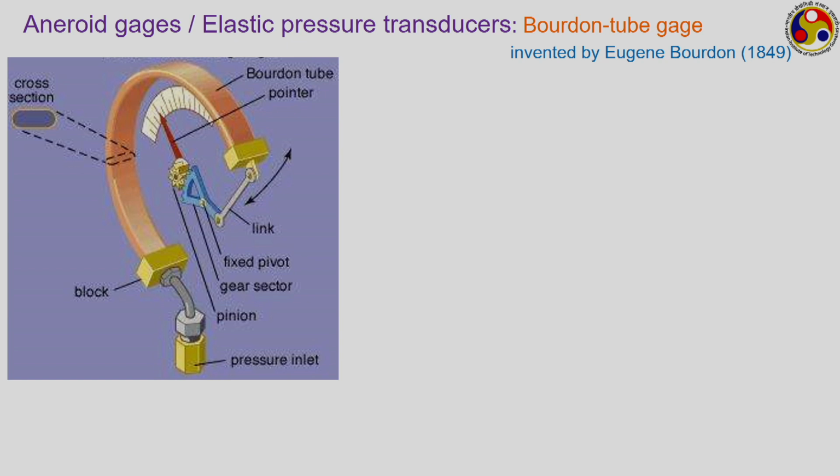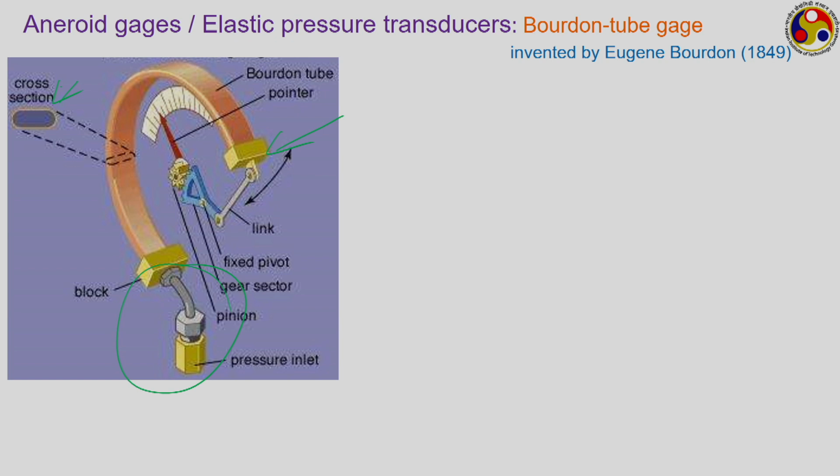Here the idea is you have a C kind of structure, a C kind of tube, which has a non-circular cross section, generally an oval kind of cross section, something shown here. One end, like this particular end, is free, and this particular end is where we are sensing the pressure.